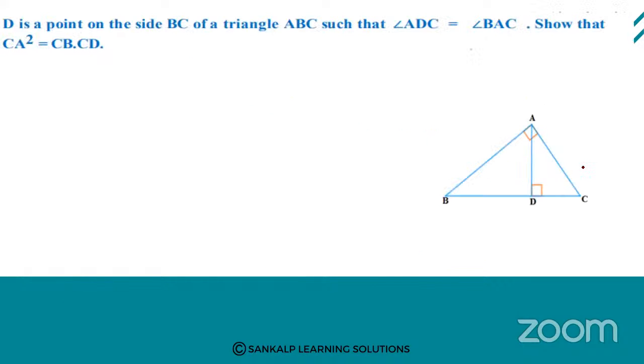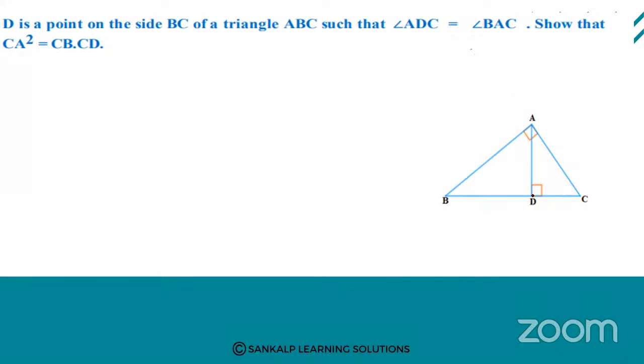Yes. Next, D is a point on the side BC of a triangle ABC such that angle ADC is equal to angle BAC. Show that CA square is equal to CB into CD. Where is CB? CB is here.